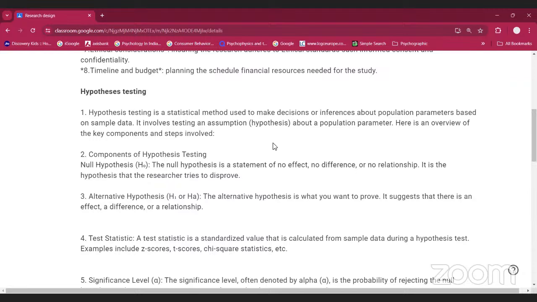Right. Number 2. So when we are making the hypothesis, that means we are making inferences about the population parameter. What do you mean by the population parameter?